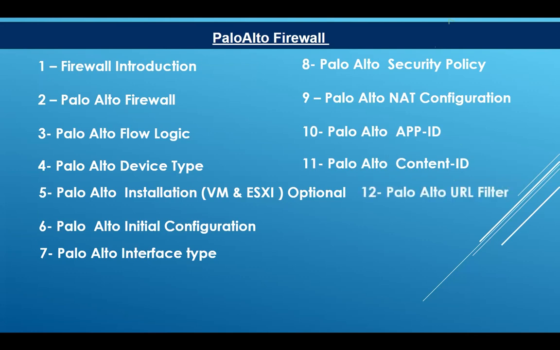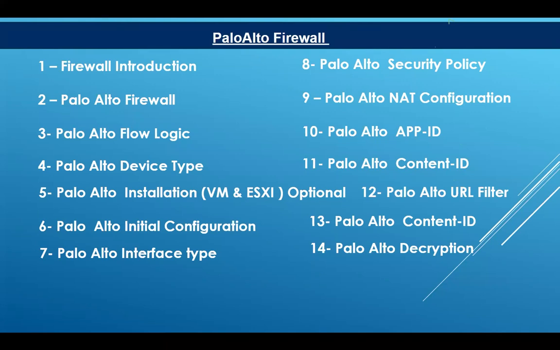URL filtering. URL means Uniform Resource Locator, any website address. How are you going to filter that? We will check that here. Then decryption: whatever encrypted traffic is going over our network, how can we decrypt that?